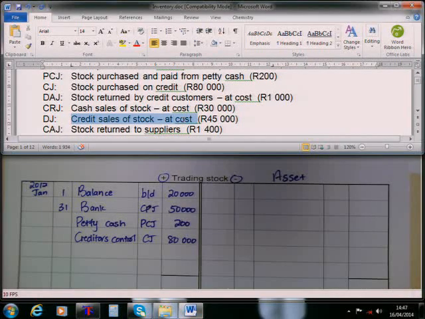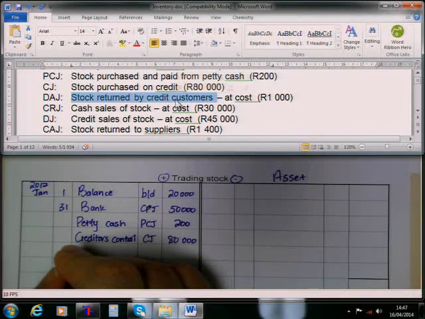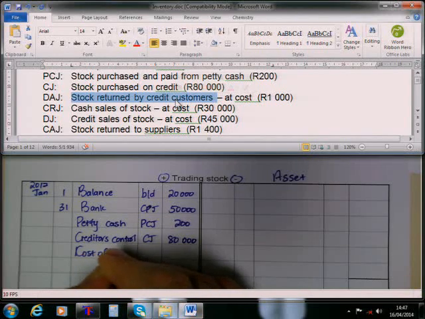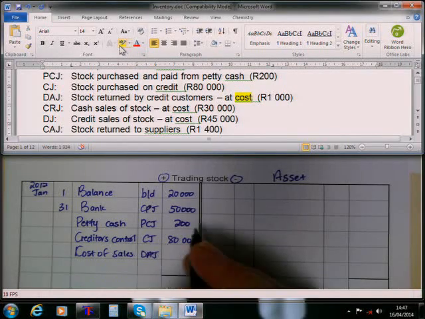We sold stock on credit, and then the debtors are not happy, so they return stock, and that, of course, is going to make our trading stock more, and the contra account is debtors. No, cost of sales. Why? Cost of sales, DAJ. And why? Because the cost price of the stock that the debtor returned is 1,000 Rand.